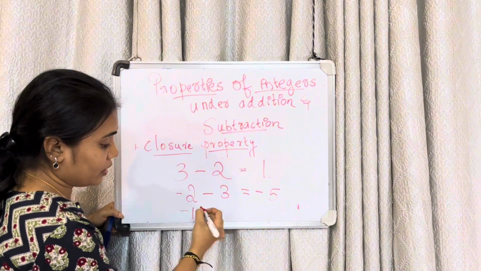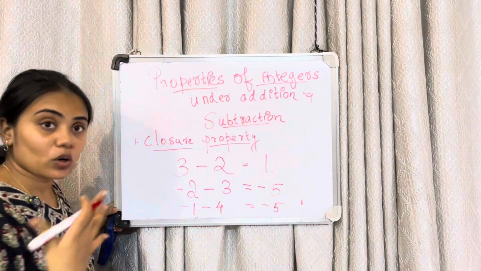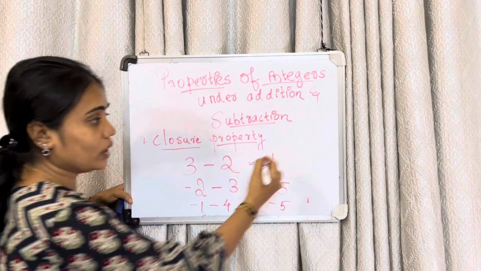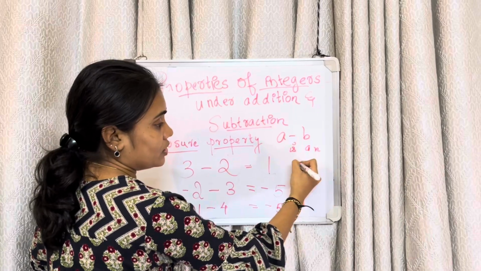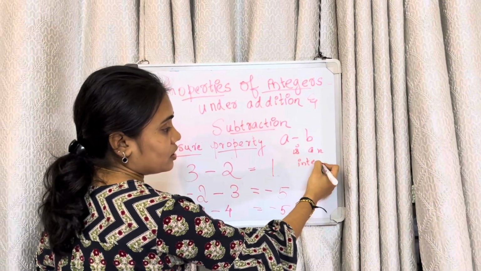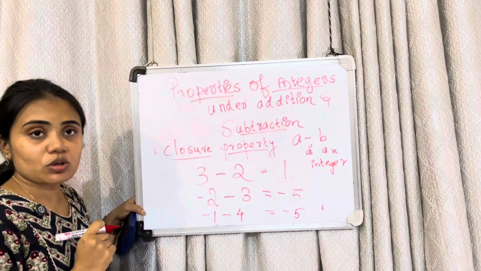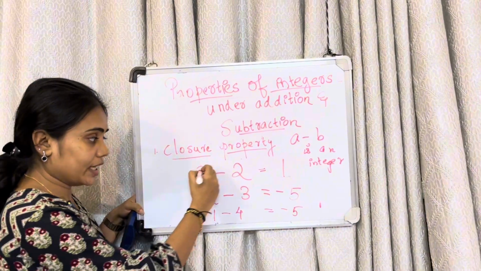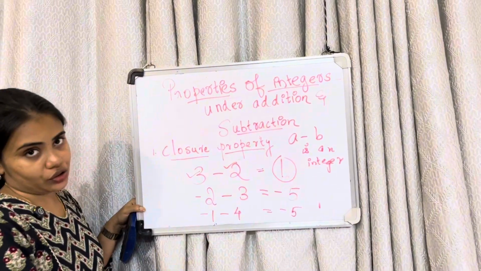Then minus 1 minus 4, again minus 5. That is also an integer. So what is the rule? A minus B is an integer. So closure property of subtraction is also satisfied for integers. Whenever we take two numbers and subtract, we will get an integer.